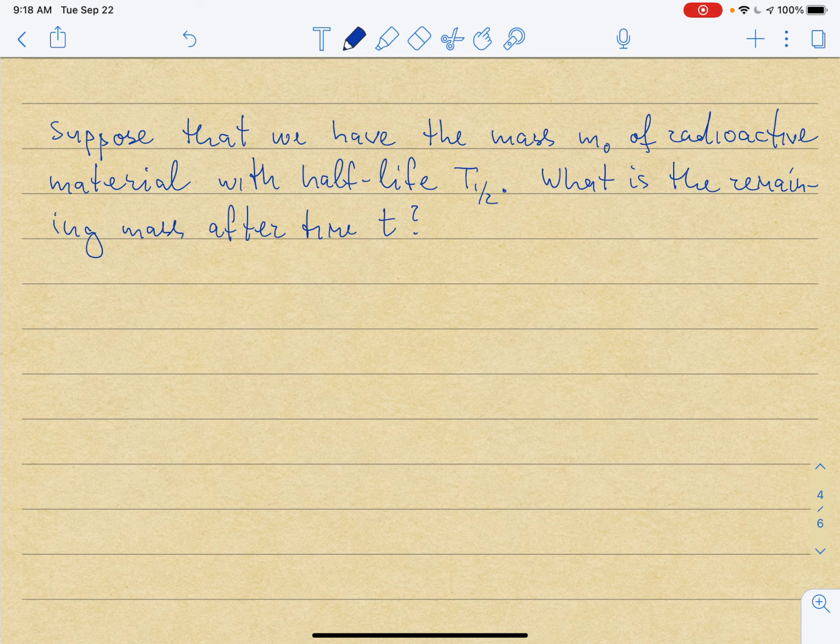So number one, if we want to establish what the mass at the time t is, let's actually label first. So let m of t denote the mass remaining at time t.